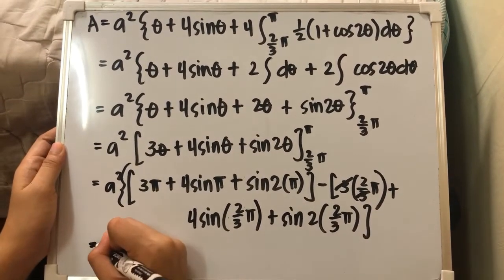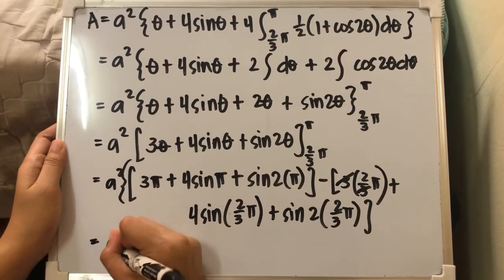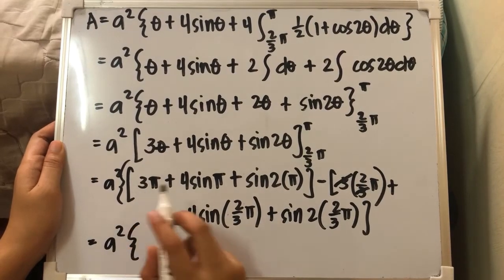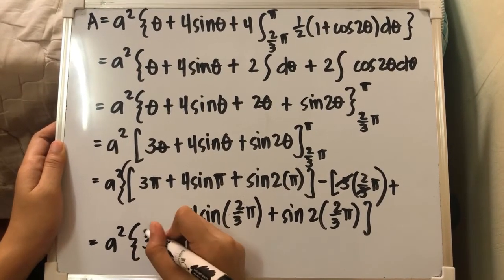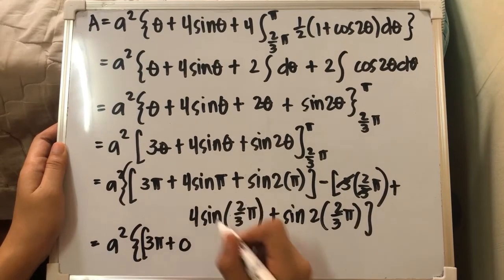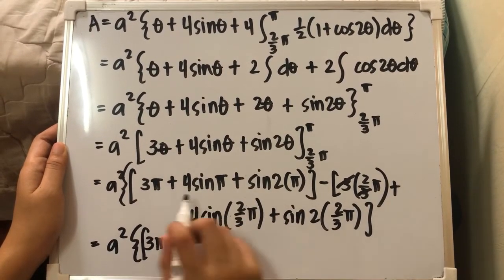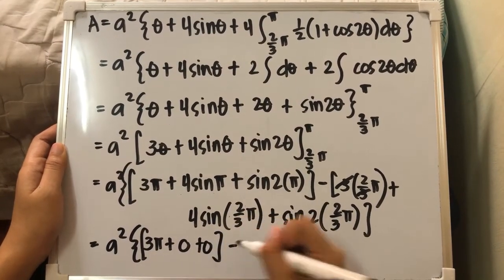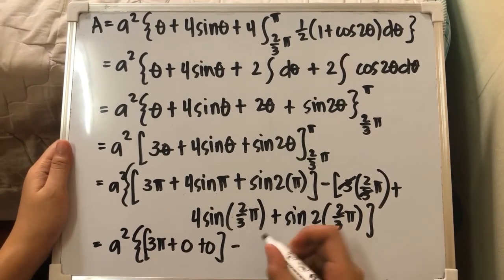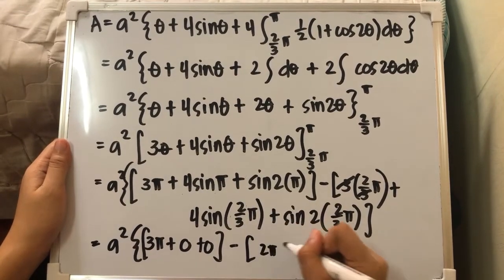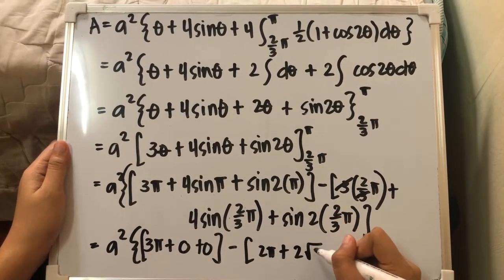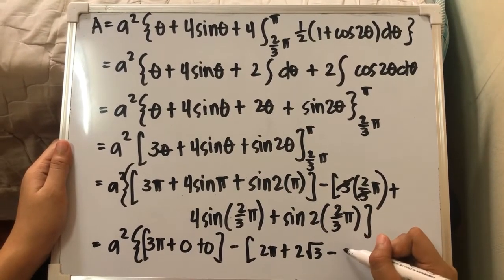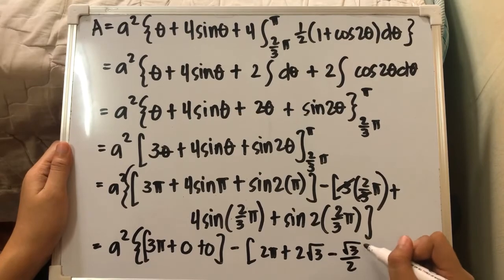So if you try to calculate this one, we have a squared. This is 3 pi plus 0. Sine pi is 0 times 4, 0. Sine 2 pi, that is also 0. Minus, for this one, we have 2 pi plus 2 square root of 3 minus this one, square root of 3 over 2.